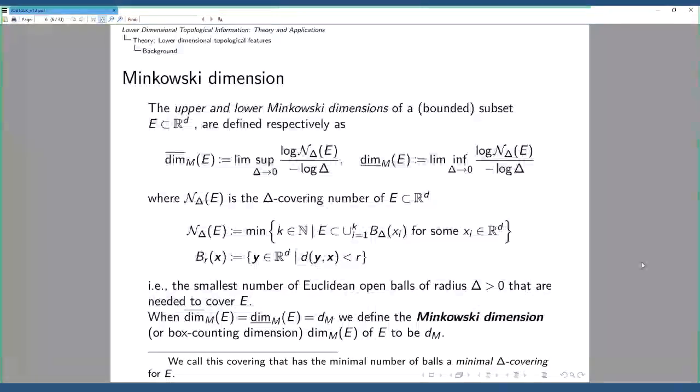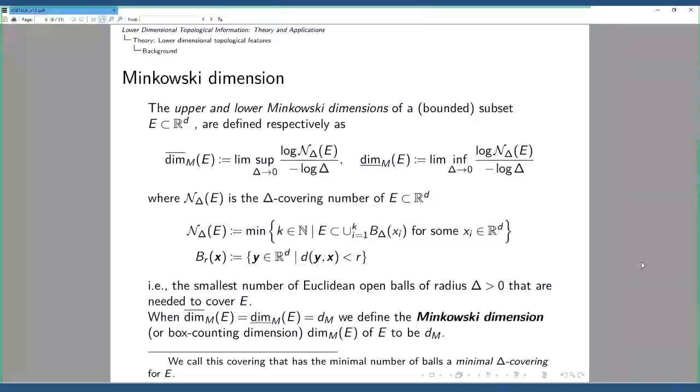And then, after we define the delta covering number, we take the log ratio of the covering number and the radius and study their upper and lower limits. These are actually defined as the upper and lower Minkowski dimension.